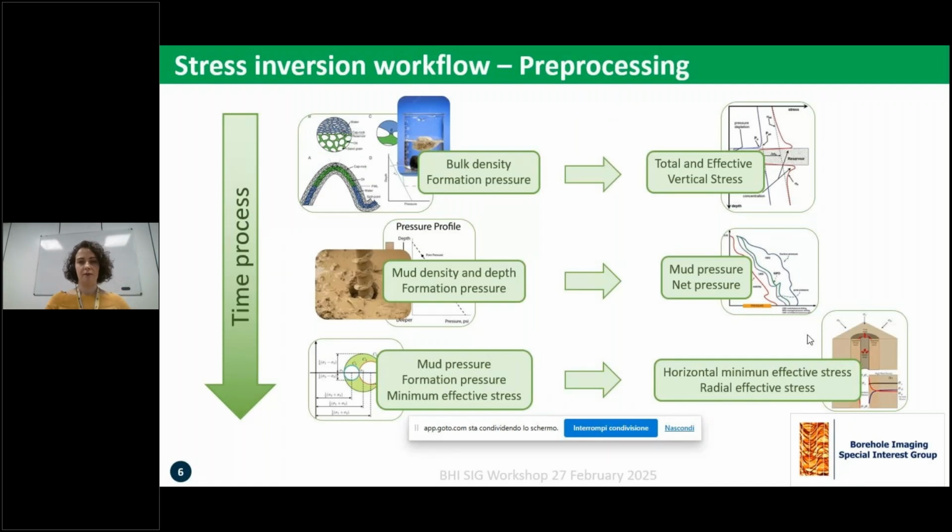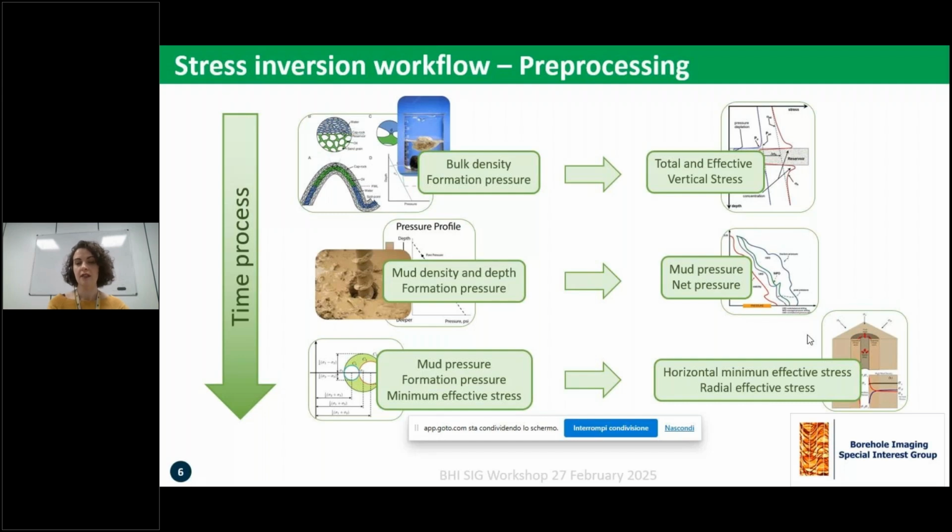Looking in detail into the pre-processing part of the script, starting from the input data, we can perform some computations to determine input parameters for the stress inversion model. In particular, the bulk density, so the density of the formation, and the formation pressure are fundamental to obtain the total and effective vertical stress.